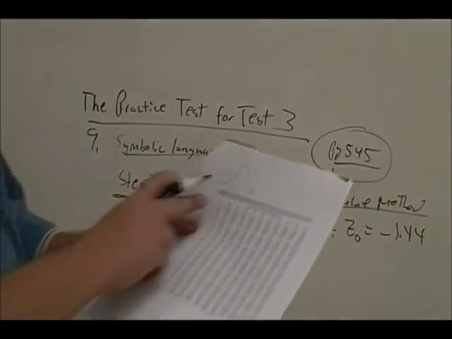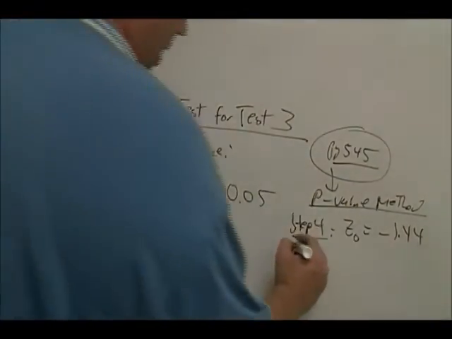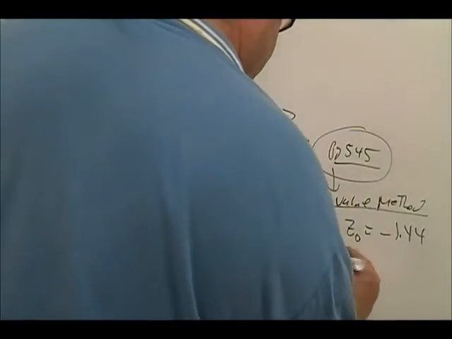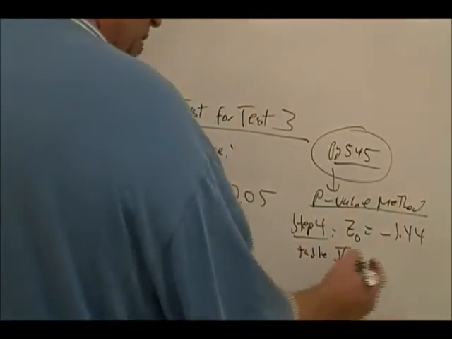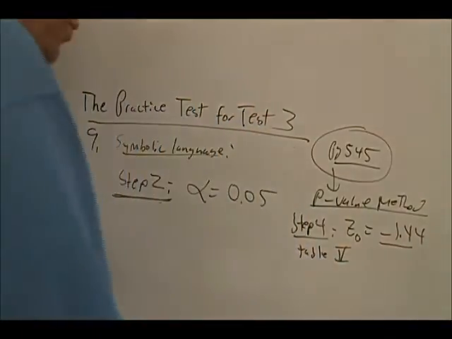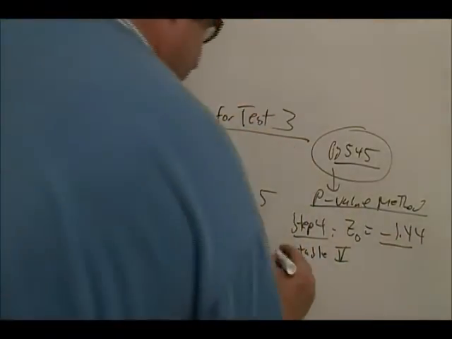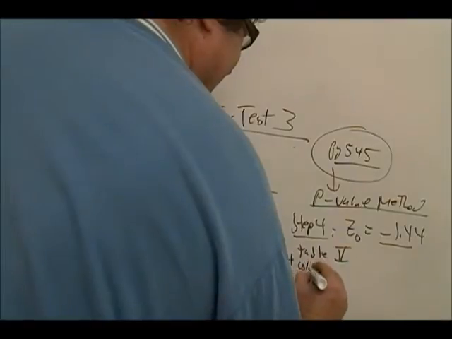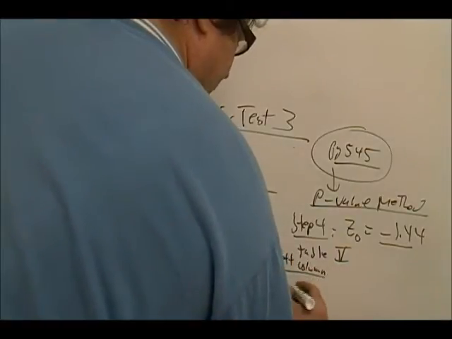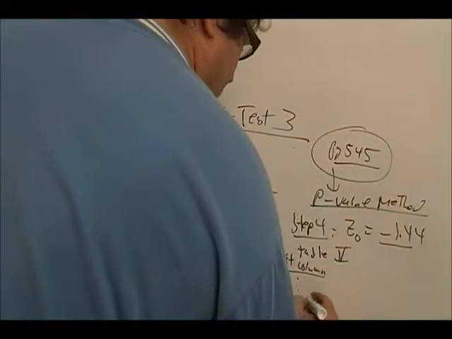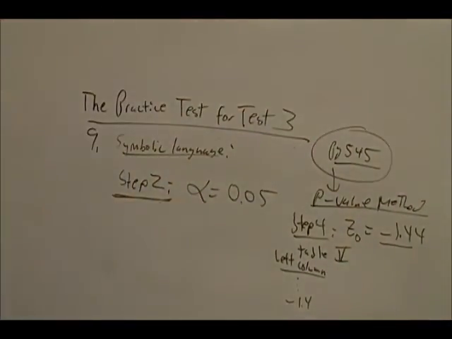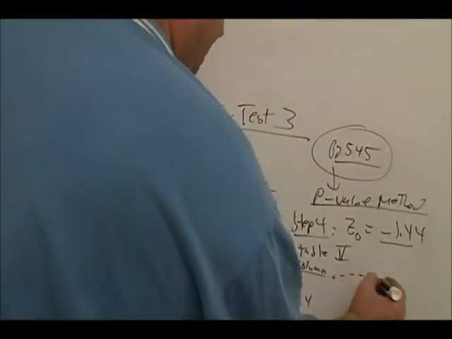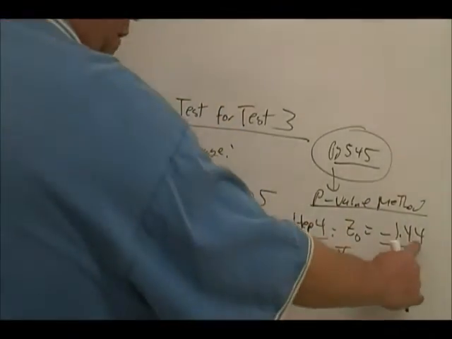So we're going to treat our test statistic from step 3 as a z-score. So you look in the section for negative z-scores. On table 5, it's a little different than the one in the book. You have to break it into the first decimal place and the second decimal place. You first look for negative 1.4 in the left column, so you go down until you get to negative 1.4 in the left column, and then you scoot across the top until you get to 0.04.